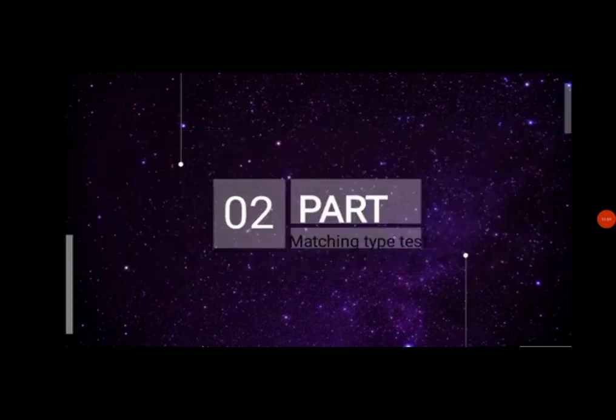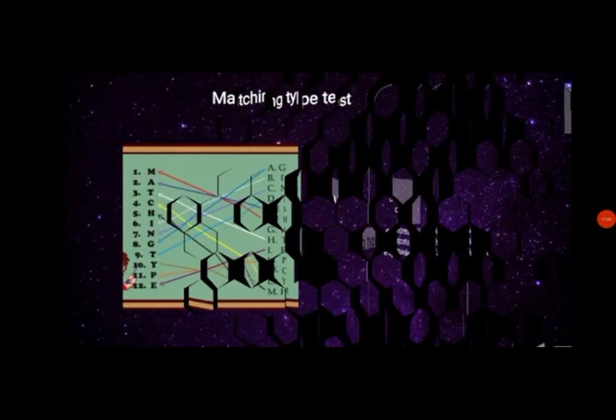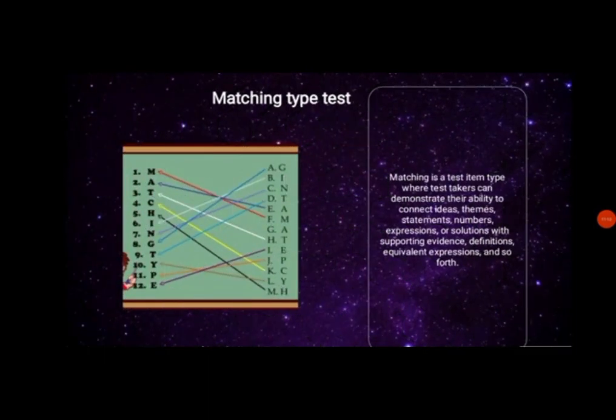So sa part 2 naman na aking report is matching type test. So ano nga ba ang matching type test? Matching is a test item type where test takers can demonstrate their ability to connect ideas, themes, statements, numbers, expressions, or solutions with supporting evidence, definitions, equivalent expressions, and so forth.